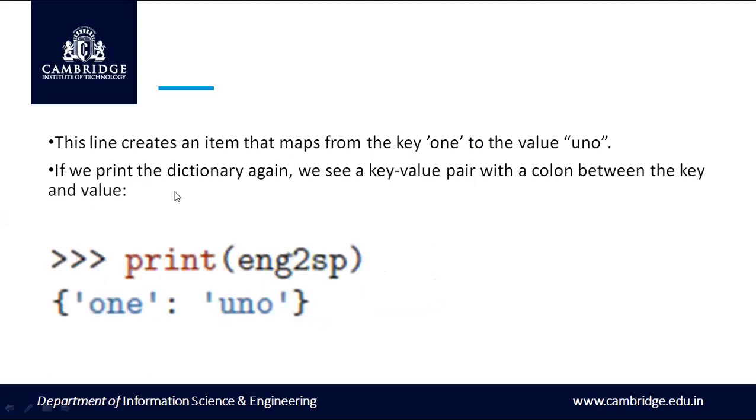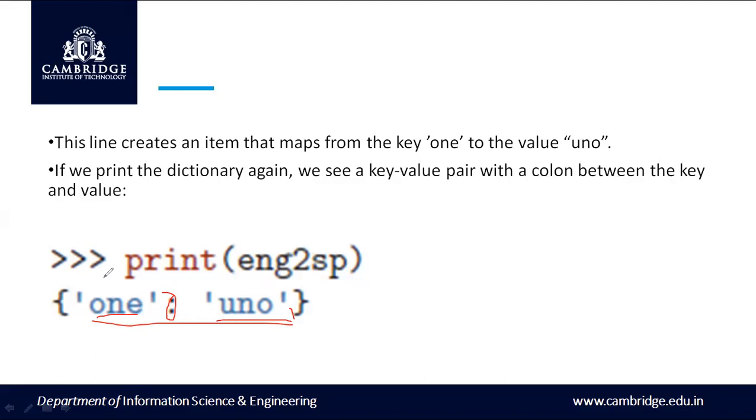Here you can see when we print the dictionary, one key value pair is defined in this dictionary. This is the key and this is the value, both separated by a colon. If you have more than one key value pair, they are distinguished by a comma. A comma will distinguish each key value pair.